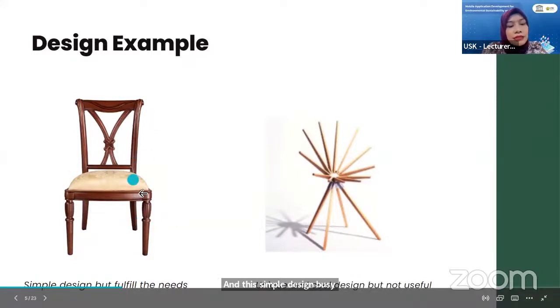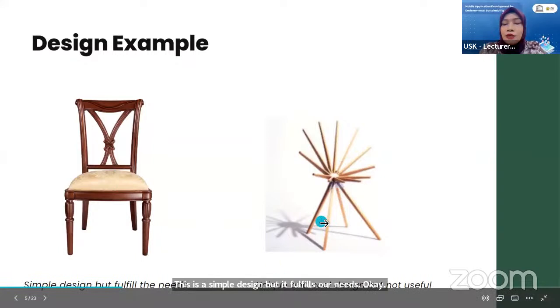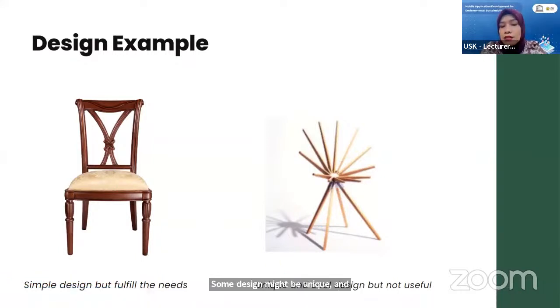This is a simple design, but it fulfills our needs. Some designs might be unique, cool or interesting, but not useful, because they don't fulfill the need of the user. For example, like this chair.